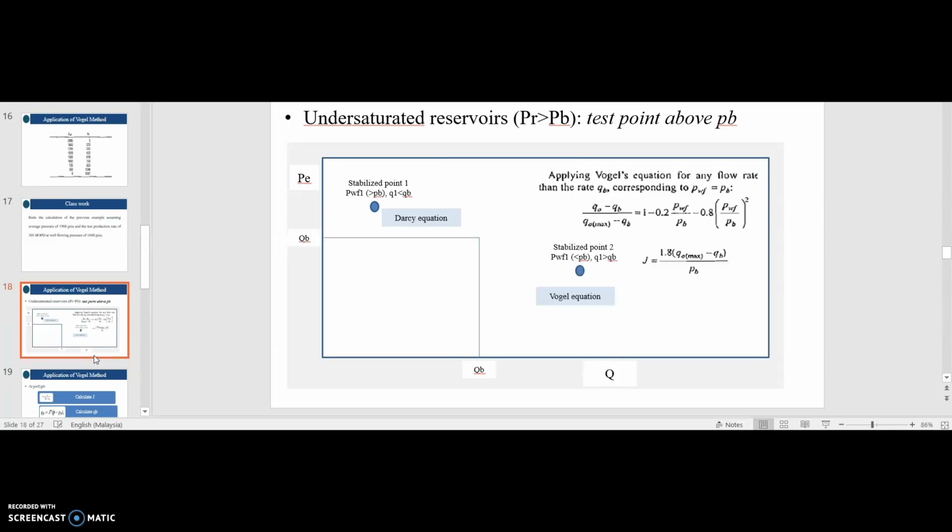We have, for example, only a test point at pressure above bubble point. So in this case, we need to use both the Darcy equation and the Vogel equation.